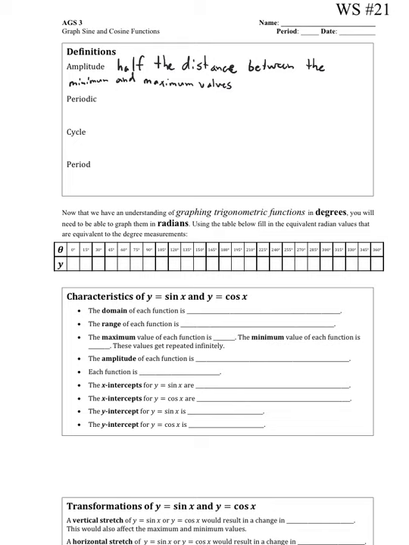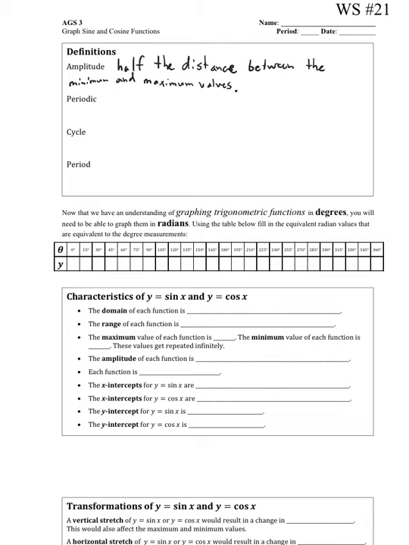So remember when we sketched our graph yesterday, we saw the function from 0 to 360 degrees, and it made that wave where it had a maximum and a minimum. So half the distance between that max and min would be your amplitude.